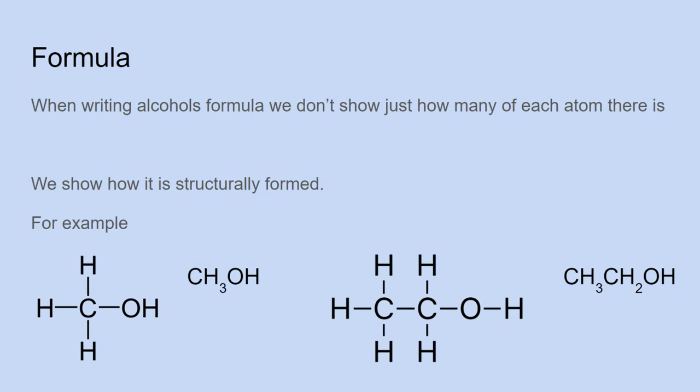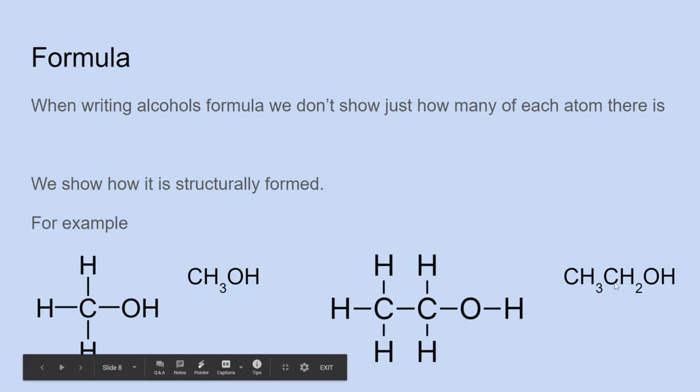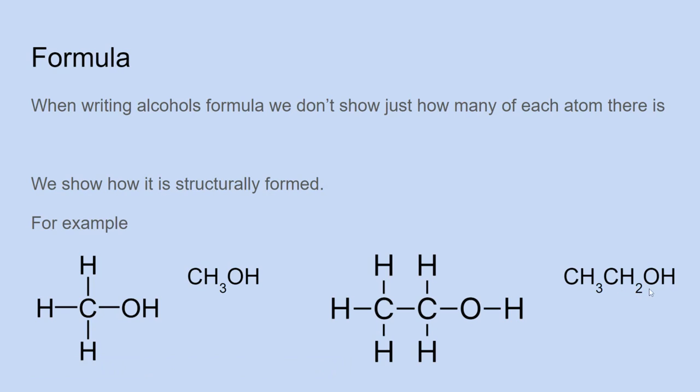And then every alcohol from then on will follow the same pattern, but every time we increase the carbons, we're going to increase the hydrogens by 2, so we just put another CH2 in the middle. So for example, the next one, we could have CH3, CH2, CH2, OH.